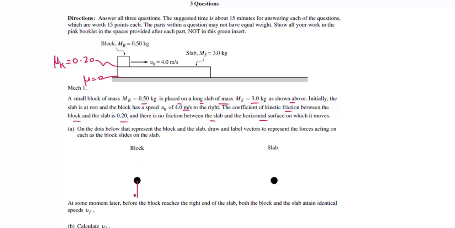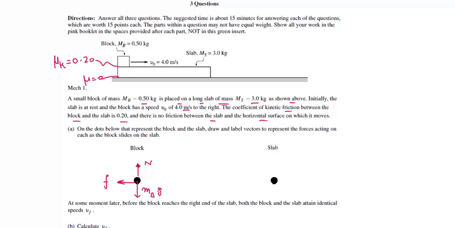First of all, we will draw the arrow for the weight of the block. The weight of the block will be the mass of the block times g. Another force acting on the block will be the normal reaction exerted by the slab on the block, and the third force will be the force of friction.